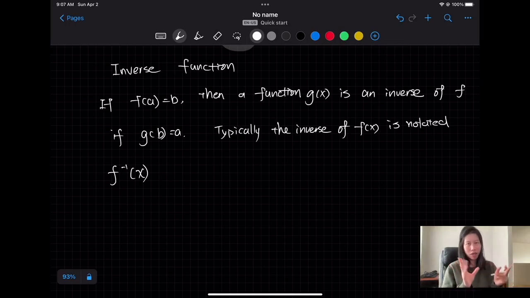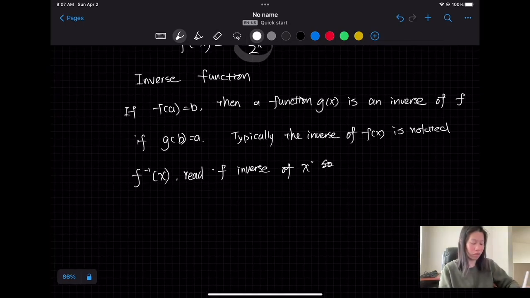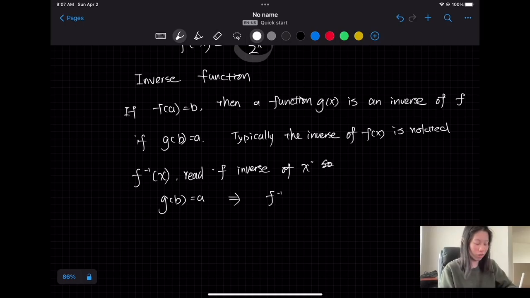There's a little negative one in the exponent place, which we read as f inverse of x. So equivalently, g(b) equals a. If we write it with the inverse function sign, it should be f inverse of b equals a. Okay, as you can see, do you find some patterns in here?